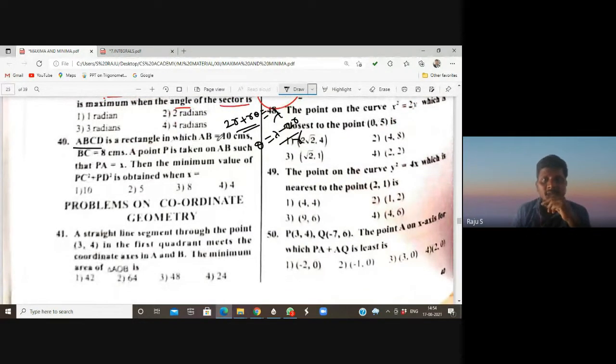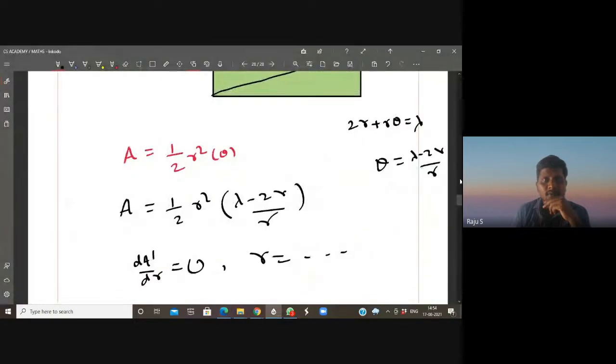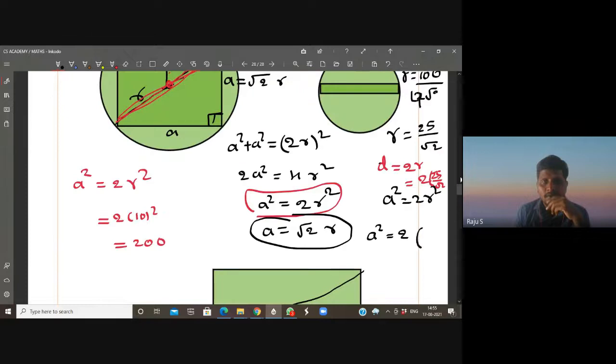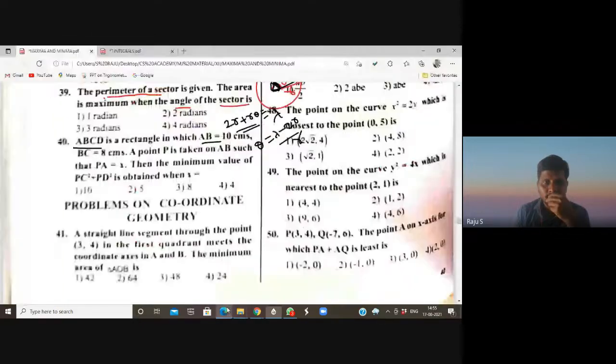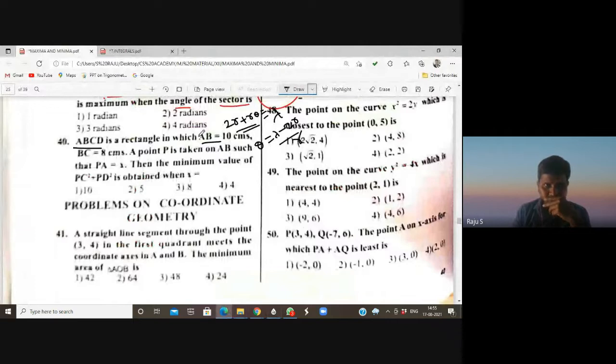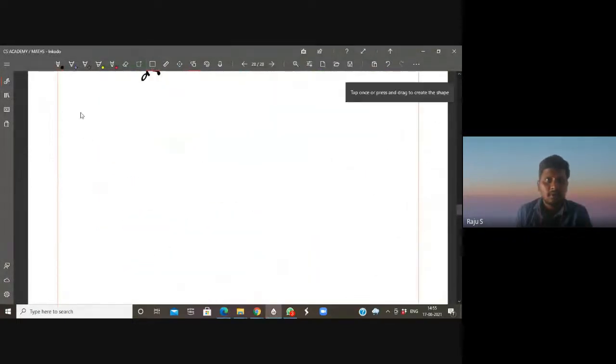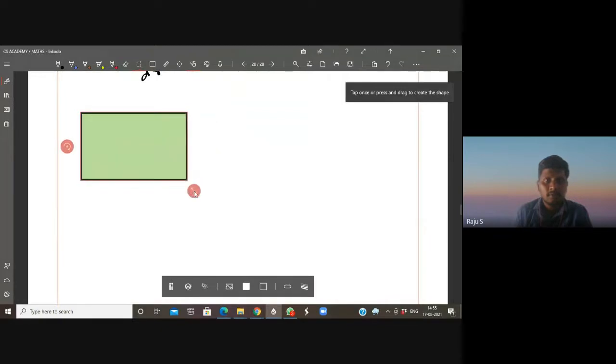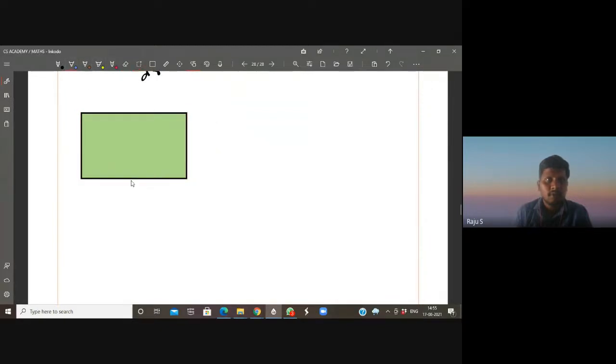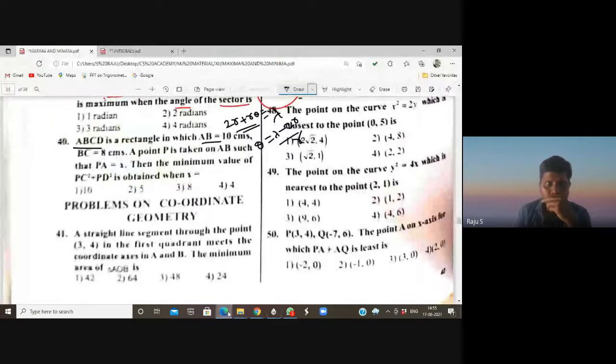ABCD is a rectangle in which the sides are given as 10 and 8.